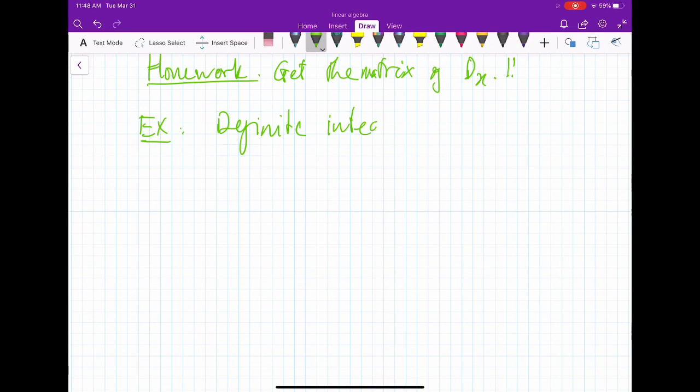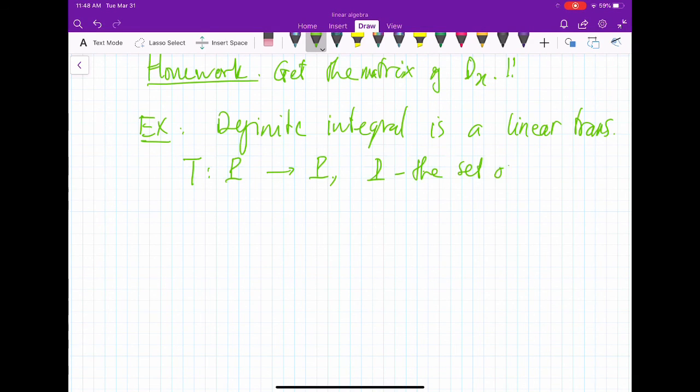So you consider a map T from P to P, where P is the set of polynomials, such that T(p) is equal to the definite integral of p(x) dx.